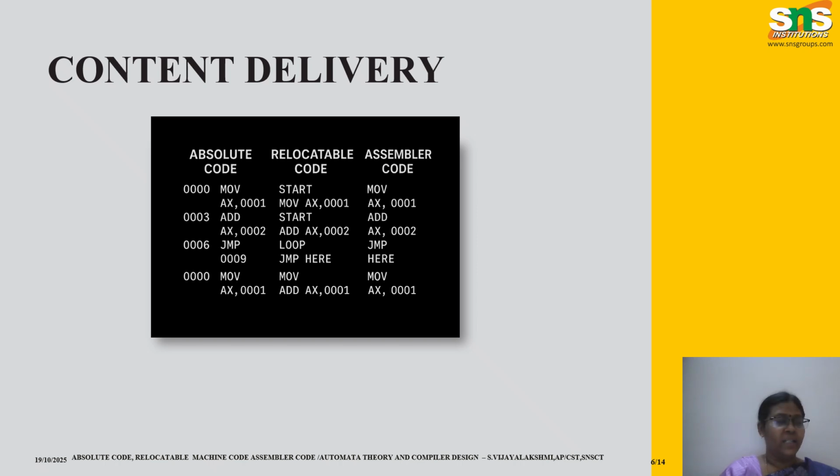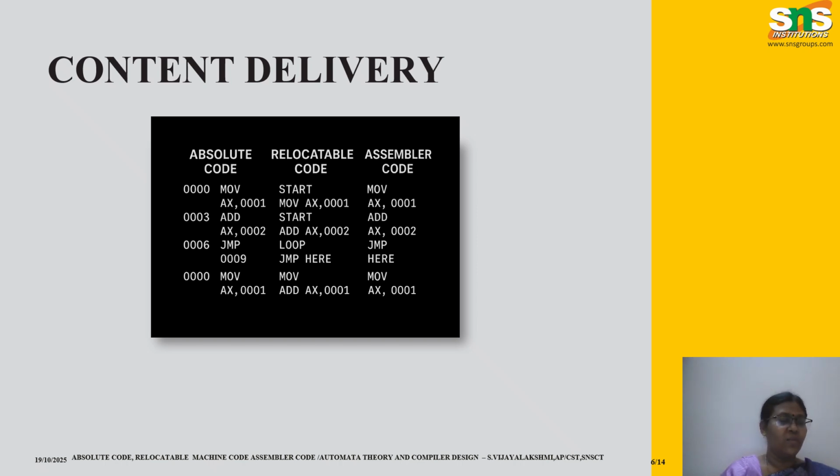Relocatable codes can be located anywhere in memory using symbolic addresses or offsets rather than fixed ones. The loader of the operating system adjusts the addresses during execution. Example, start move AX, 001 or add AX, 002.